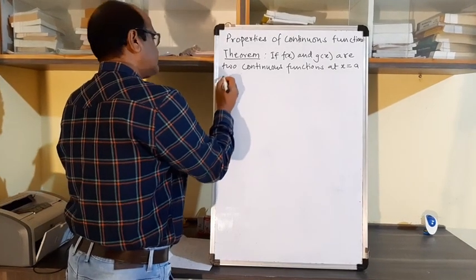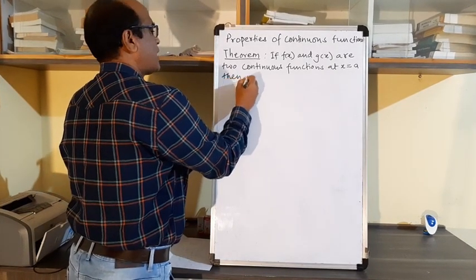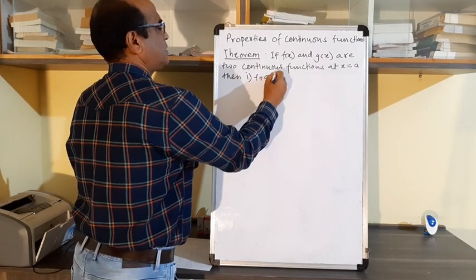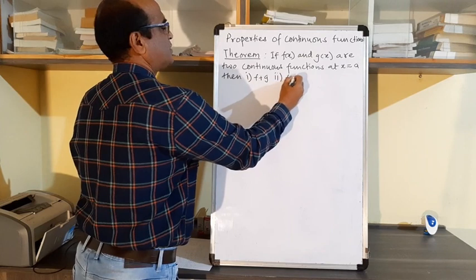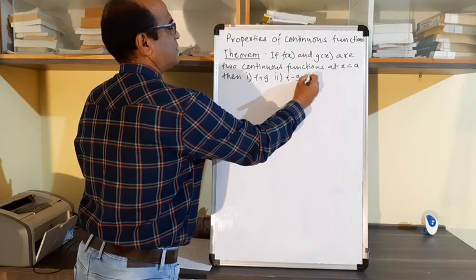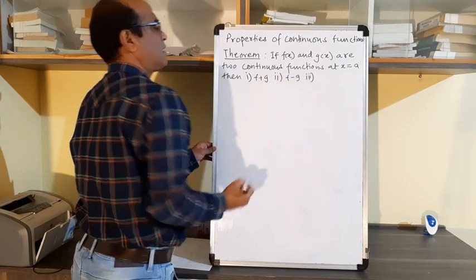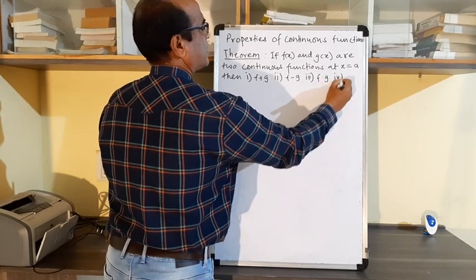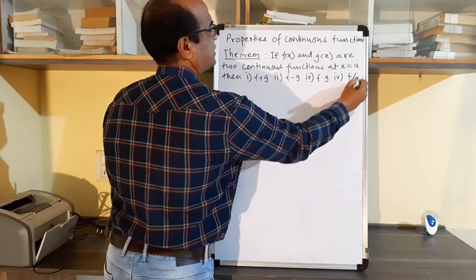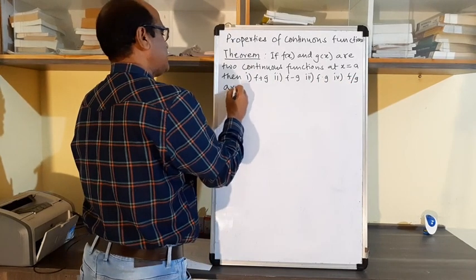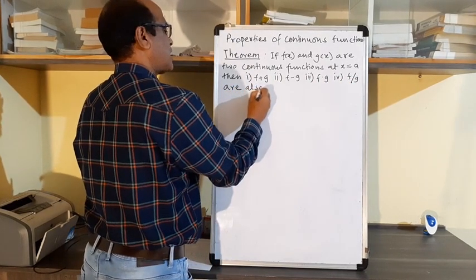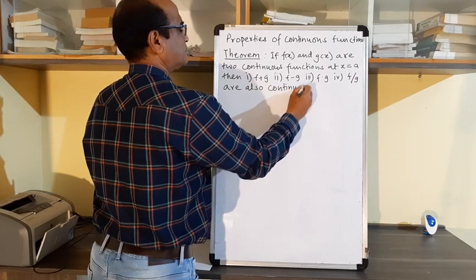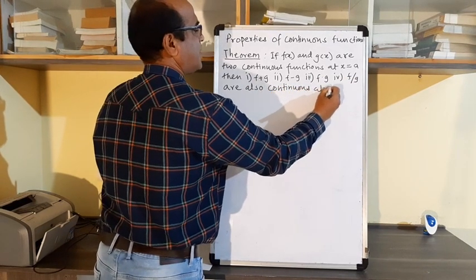Then one, f plus g; second, f minus g; third, f into g; fourth, f divided by g are also continuous at x is equal to a.